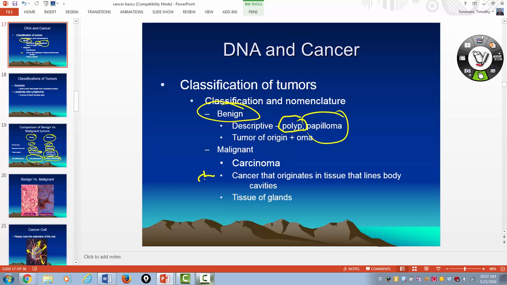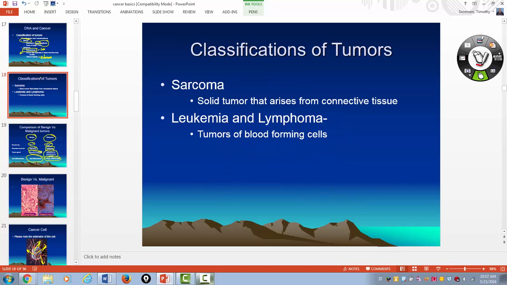So if you have a carcinoma, carcinomas are cancers in tissue that line body cavities. Tissues of glands, they tend to be adenomas. Right? Glandular tissue.